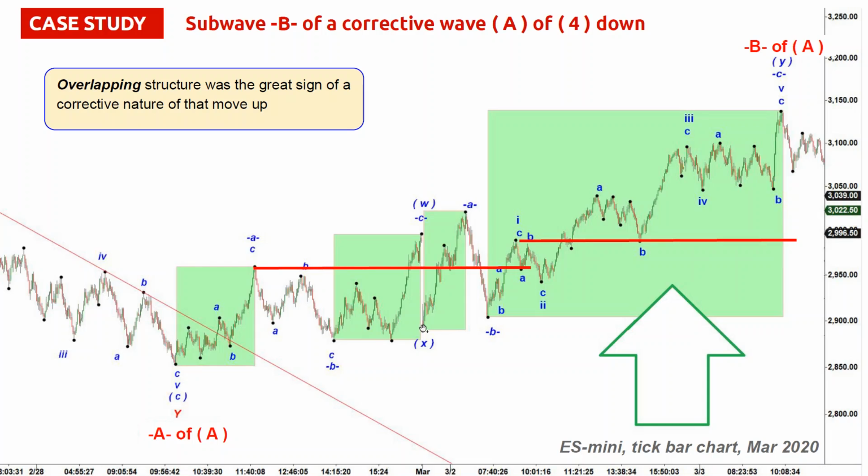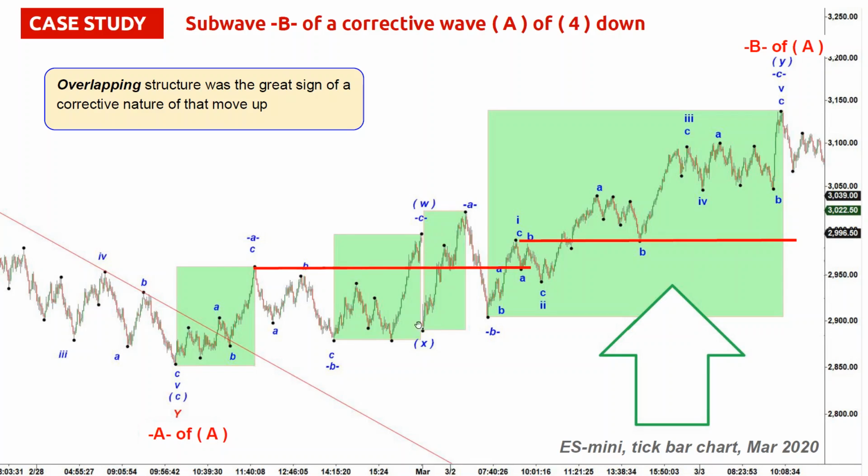That was something which did not fit the scenario of an impulsive structure. That was the first push down, and it did not follow an ABC structure. That was very, very strange if it was counted as an impulsive structure.